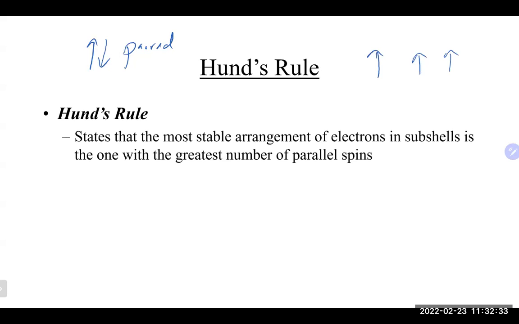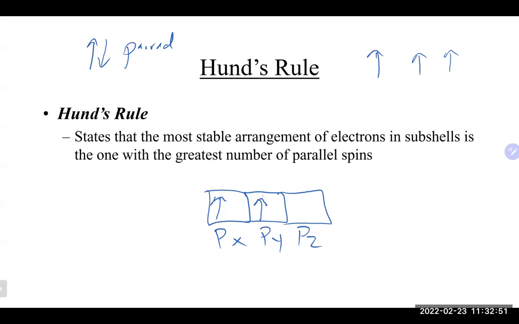And what that means is when we come across something like our p subshell, which has our px, our py, and our pz orbital, the very first electron comes here, and to maximize the parallel spins, the next electron would go into the next orbital, and then the next electron would go into the next one. Again, maximizing all those spins going in the same direction. At that point, you have no choice.